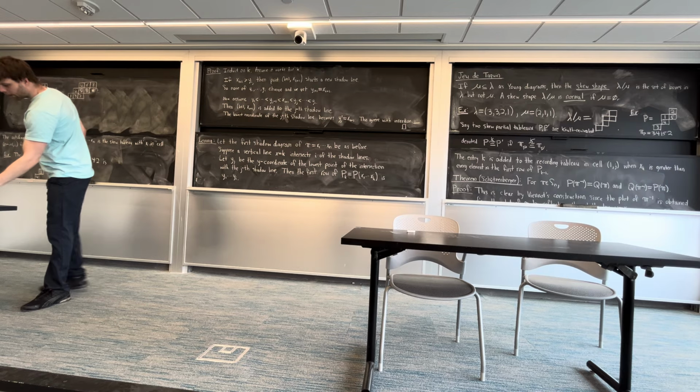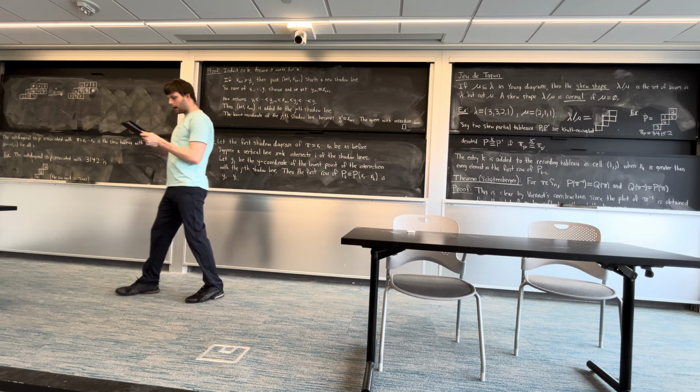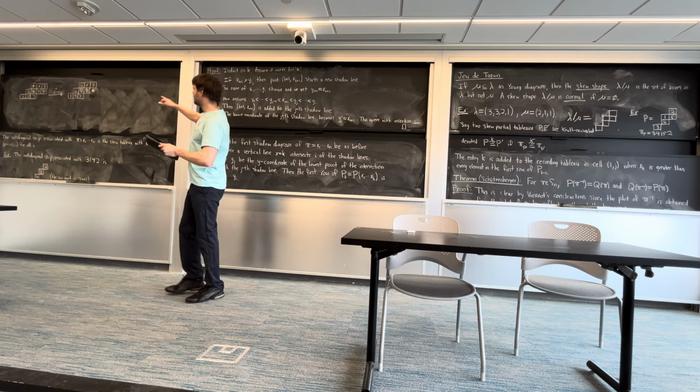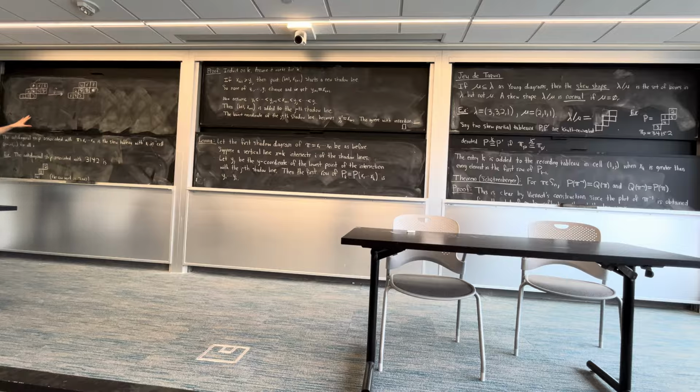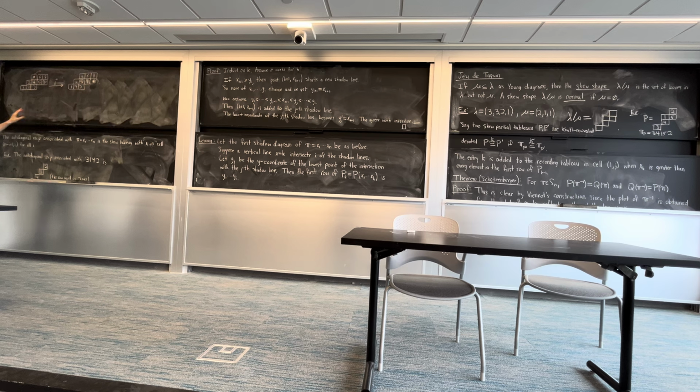So this is Schützenberger. You might wonder, why are we doing this? Let me just mention that you can also do the reverse. So backward Schützenberger would be where I take something like, let me do another example.